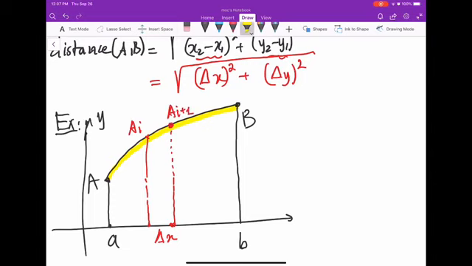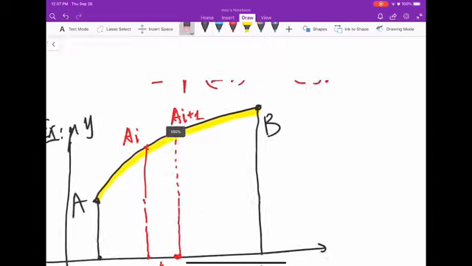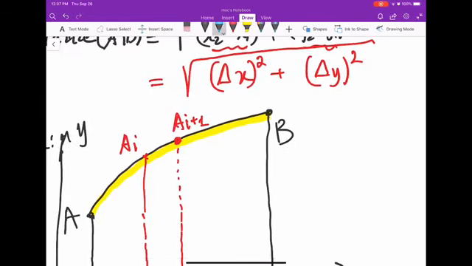So I can approximate the arc length of this piece by the distance from A_i to A_(i+1). Because when A_i and A_(i+1) are very close, this curve is very close to a straight line. So that's why we can approximate the arc length between A_i and A_(i+1) by the distance from A_i to A_(i+1).